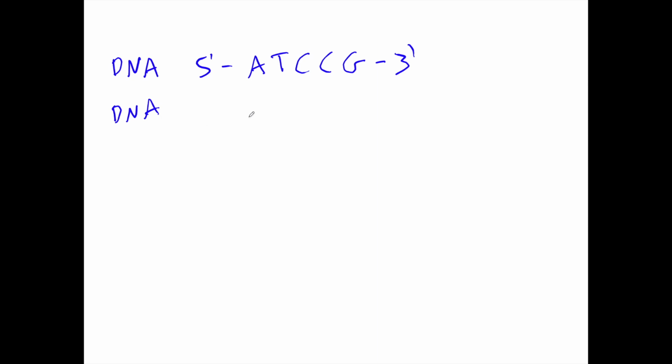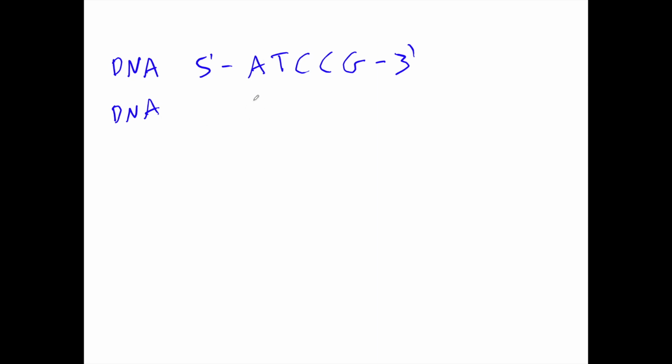Now, when it comes to base pairing, let's say you have a strand of DNA. Let's say the DNA strand is 5' A, T, C, C, G, 3'. Now let's say I were to ask you what would be the complementary strand of DNA. In other words, what would be the other piece of DNA that would base pair with that piece of DNA? Well, the first thing to know is it's based upon the base pairing rules.